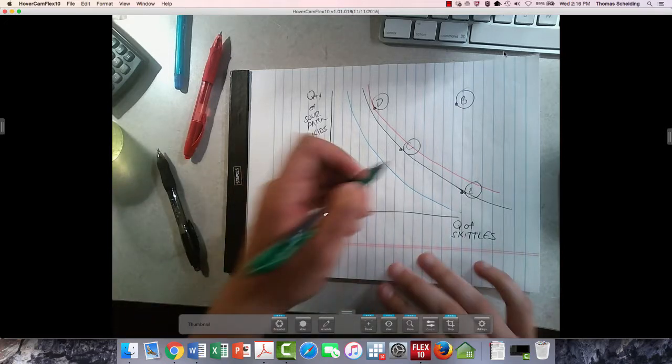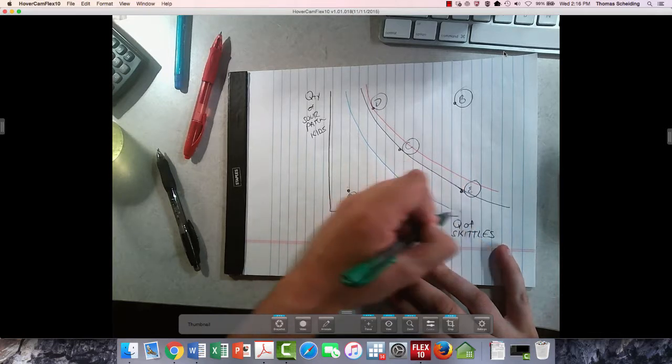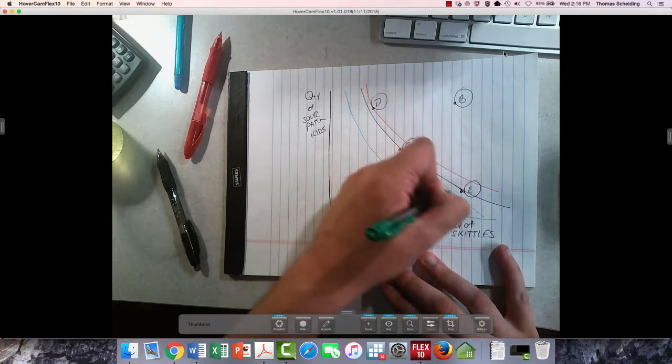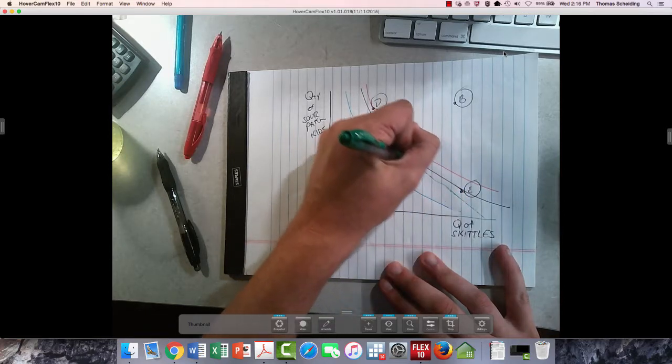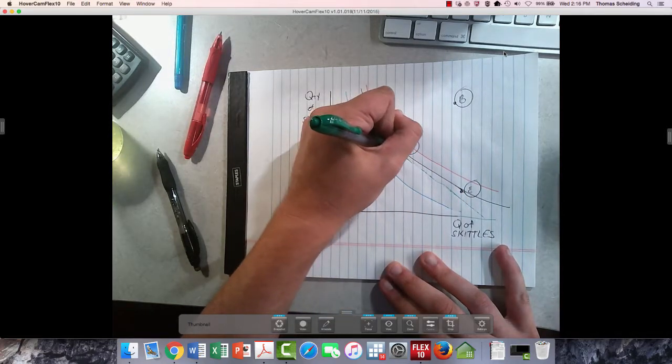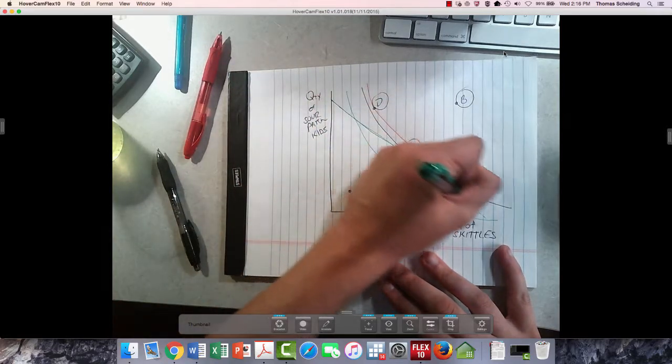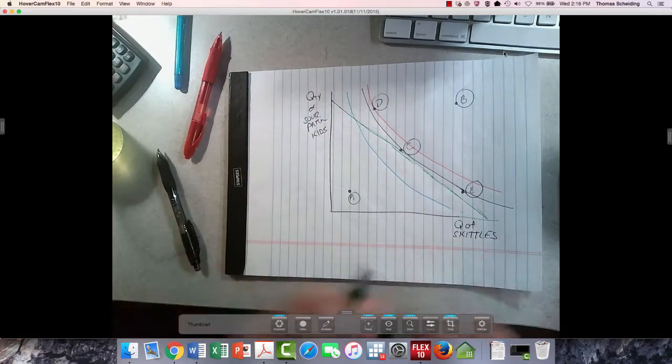In the budget constraint that we could draw out, we see this kind of straight line. So I'm hoping you can kind of see the colors here.